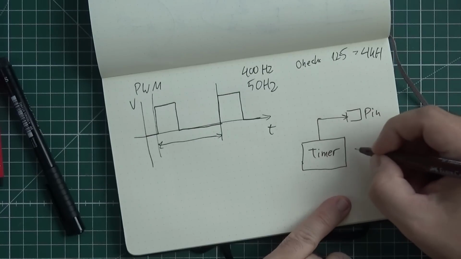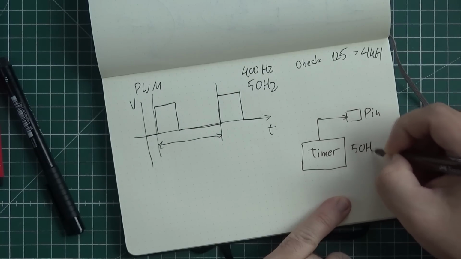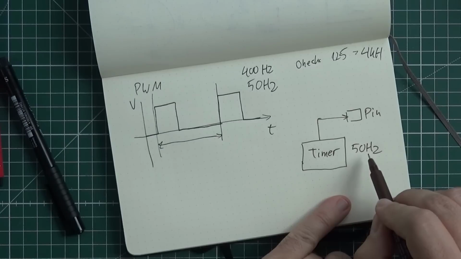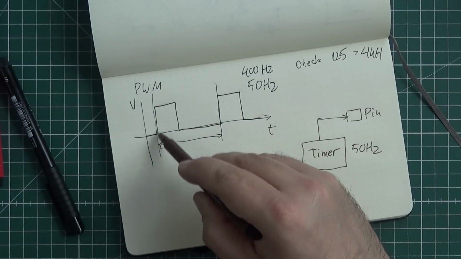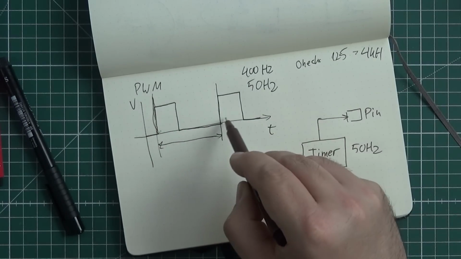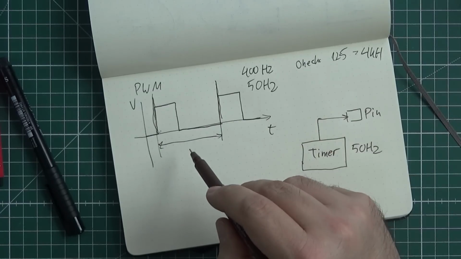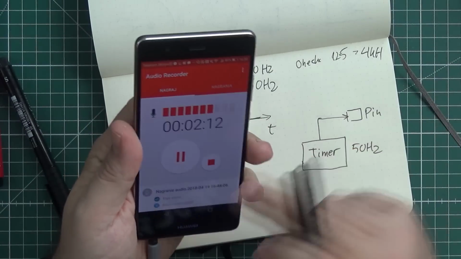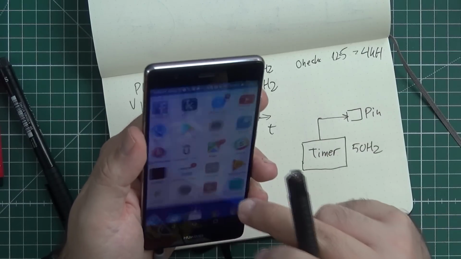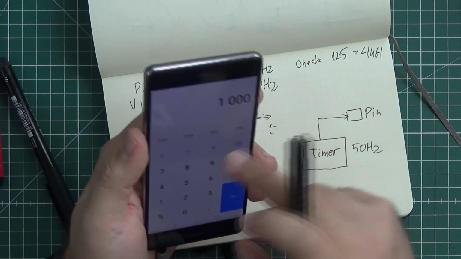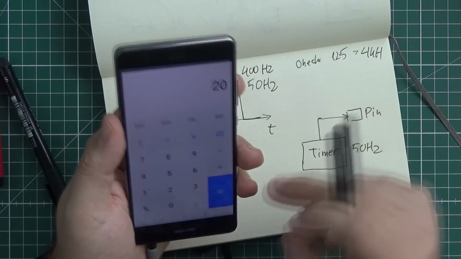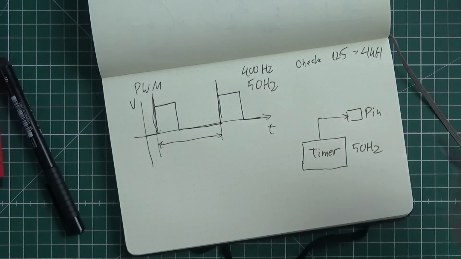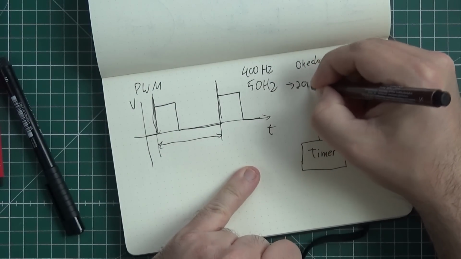If, for example, I configure the timer to 50 Hz, then it will try to put the high value every, how much? 50 Hz is... damn, I forgot how to count simple things. 1000 divided by 50, obvious. So 50 Hz is 20 milliseconds.